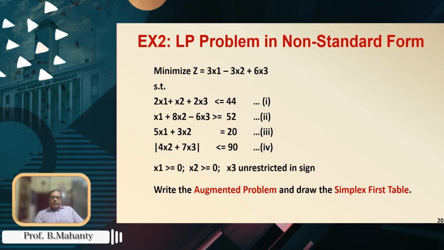In this problem also, we have minimize z equal to 3x1 minus 3x2 plus 6x3 subject to 2x1 plus x2 plus 2x3 less than equal to 44, x1 plus 8x2 minus 6x3 greater than equal to 52, 5x1 plus 3x2 equal to 20, and the absolute value of 4x2 plus 7x3 less than equal to 90, and x1 greater than equal to 0, x2 also greater than equal to 0, and x3 is unrestricted in sign.